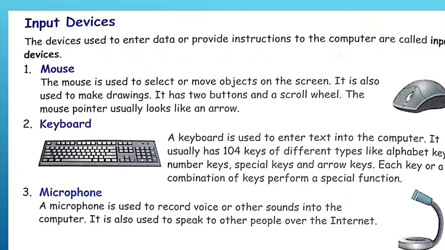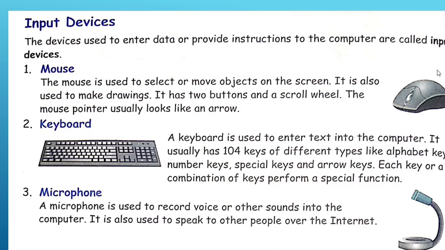Now, when you use this particular device on a computer, it shows you a pointer, which I am showing you right now, like an arrow. This white arrow is called as pointer. You can place this pointer any area of the screen.